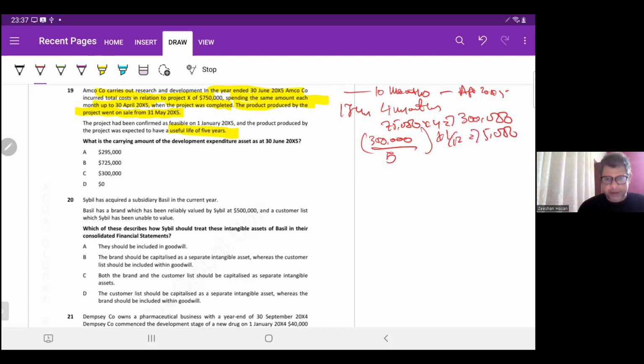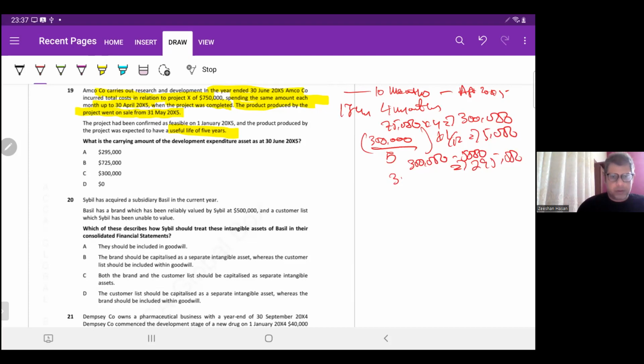The carrying amount of the asset is 300,000 minus 5,000, which is 295,000. The asset should be amortized from when the products go on sale, so 1 month amortization is charged to 30th June, and it is 5,000. The carrying amount of the asset at 30th June is 295,000.